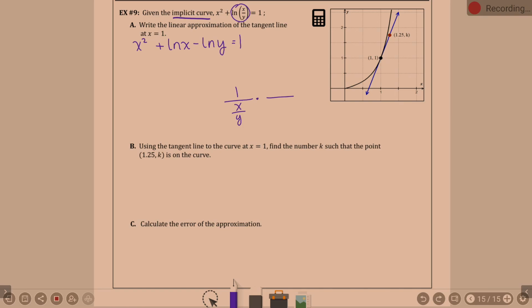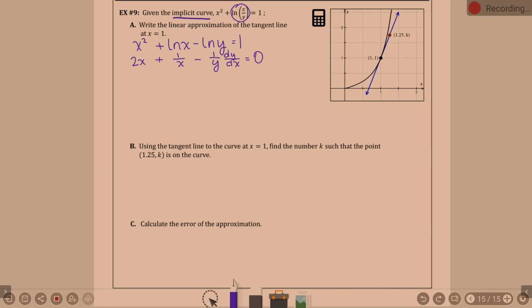Now, let's take the derivative. Derivative of x squared is 2x, derivative of natural log of x is 1 over x, minus derivative of natural log of y, 1 over y, tag on the dy dx, equals 0.